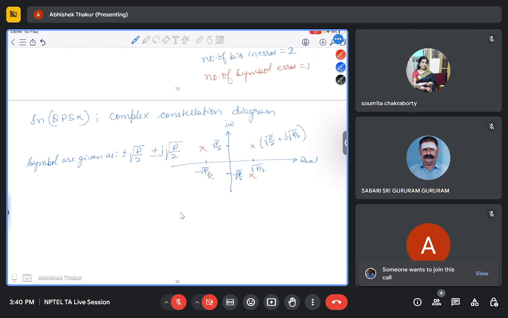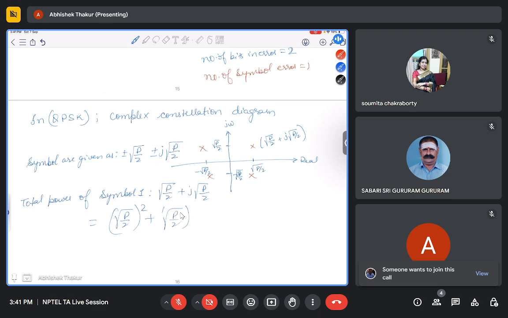Now the total power of symbol 1, that is square root of P by 2 plus j square root of P by 2, is equal to a square plus b square.